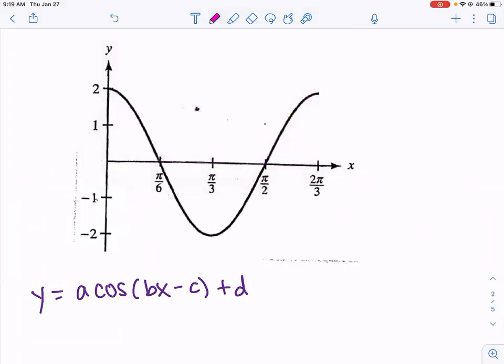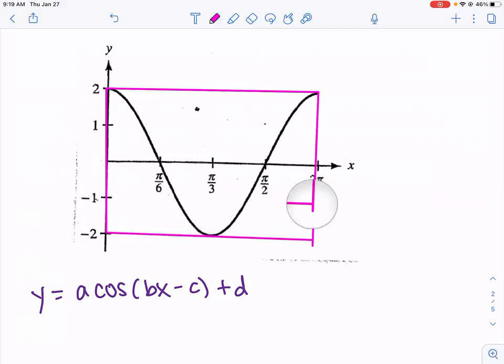So this is what I'm going to do, and you don't have to do what I do, but I am going to draw a frame. Okay. That way I can see the height and the length of my one period a little bit easier.